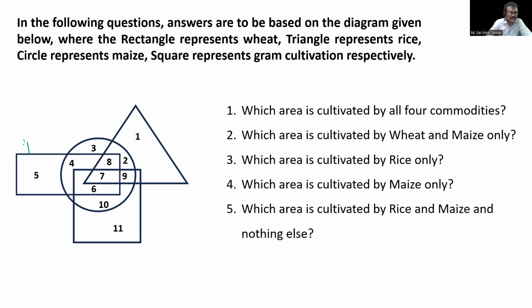So this is the wheat. And next, triangle represents rice. This is the rice. Circle represents maize. This is the maize. And square represents gram cultivation respectively. Now question, what is the first question?